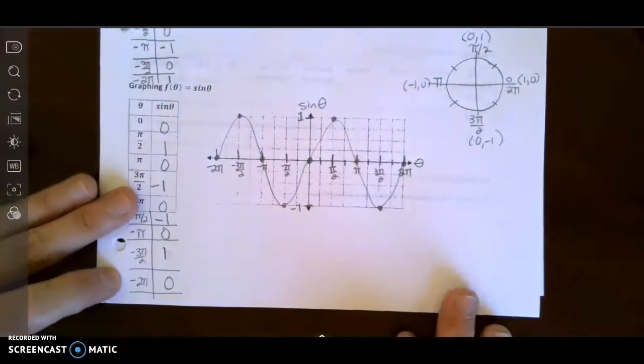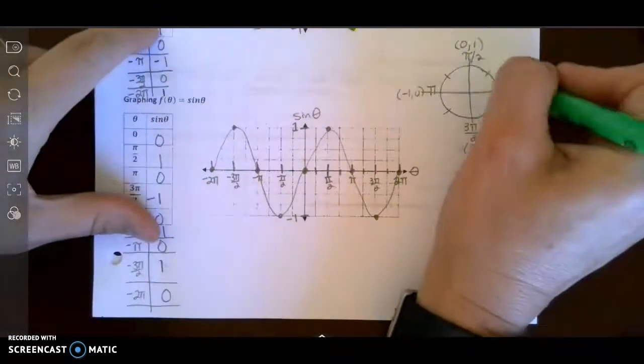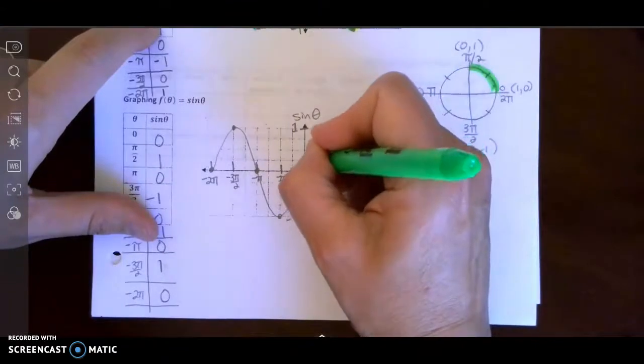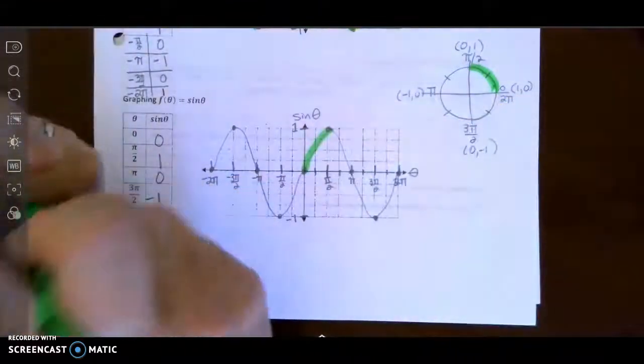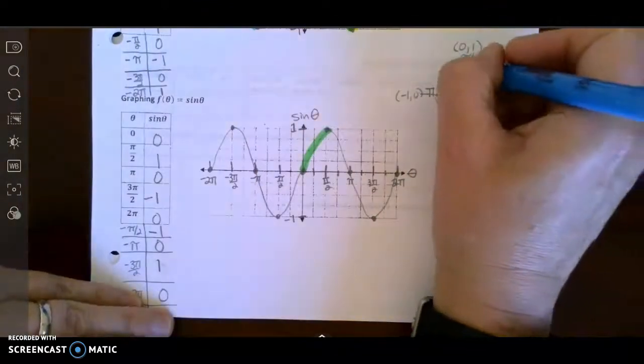Okay. Let's do the same thing with our colors. Green can be our quadrant 1 from 0 to pi over 2. And then blue can be my quadrant 2.